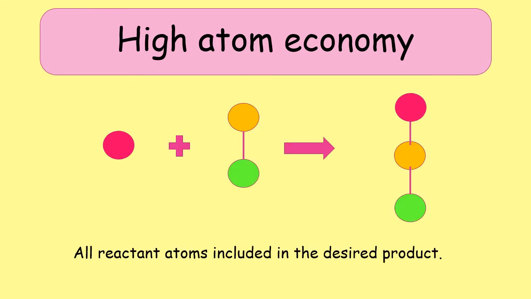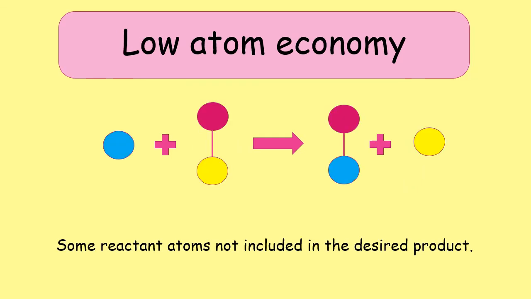So any reaction that produces only one product has a high atom economy, because it has an atom economy of 100% in fact. Because if you have 2 or 3 reactants that come together to only make one product, that product contains all the atoms from all the reactants, therefore it's 100% atom economy, sorry. A lower atom economy is a situation where you have 2 reactants producing 2 products.